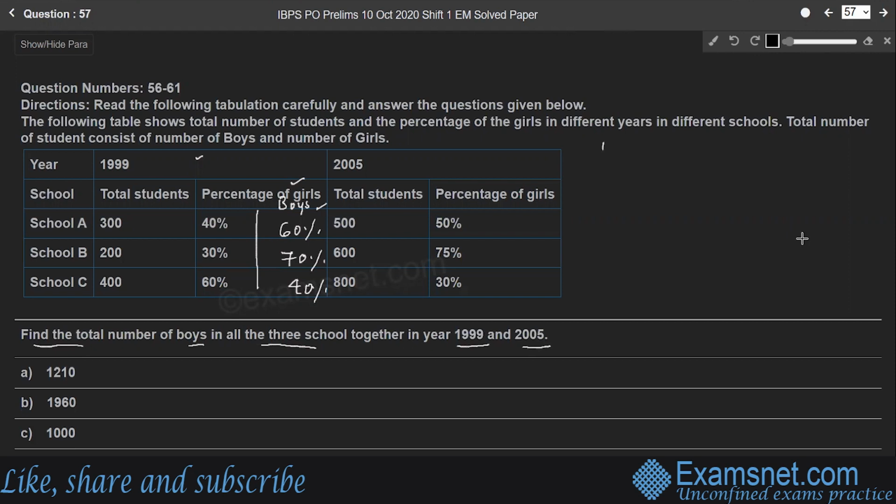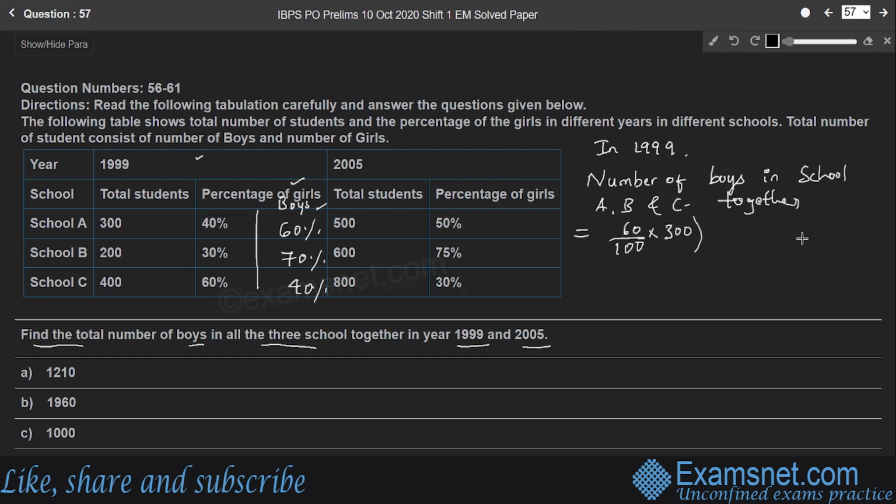So here in 1999, the number of boys in school A, B and C together is equal to: in school A, out of 100, 60 is the number of boys, therefore out of 300, right? Plus in school B, out of 100, 70 is the number of boys, therefore out of 200.